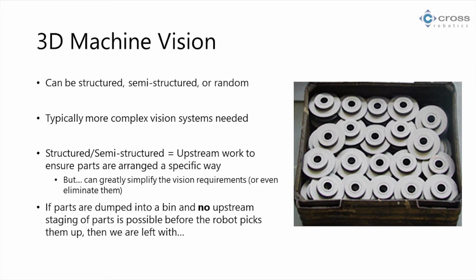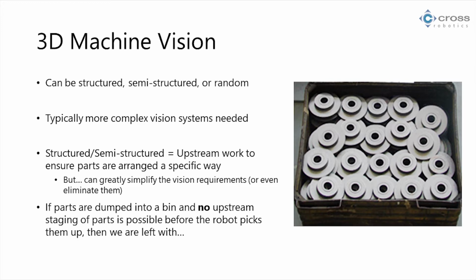So 3D machine vision, now we've gone up another step in complexity. Really there's three subsets to this 3D part picking, right? There's structured, so you still stage the parts, kind of like in 2D, but now you're really picking it out of maybe multiple layers. Actually, structured is, every layer's the same, it's just now you're doing it in 3 dimensions.